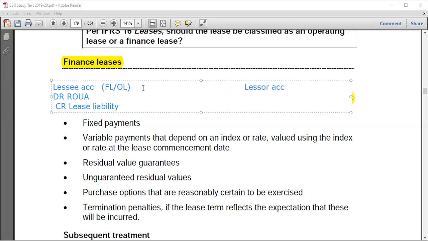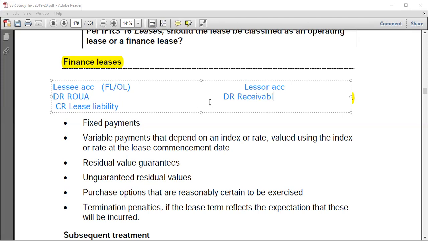But here we distinguish. Now, when dealing with lessor accounting, to make matters simple, if the lessee has a lease liability, this lease liability should be an asset to the lessor. So for the lessor, we say debit lease receivable, right?